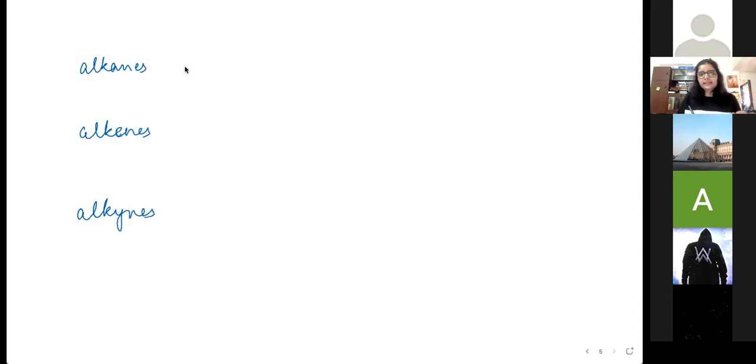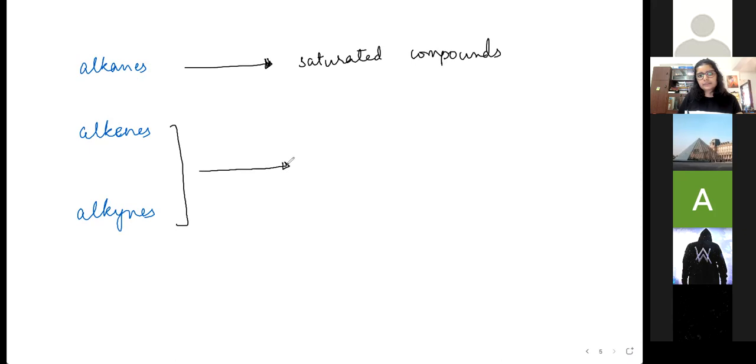Alkanes fall under a group called saturated compounds. And alkenes, alkynes come under something called unsaturated compounds.